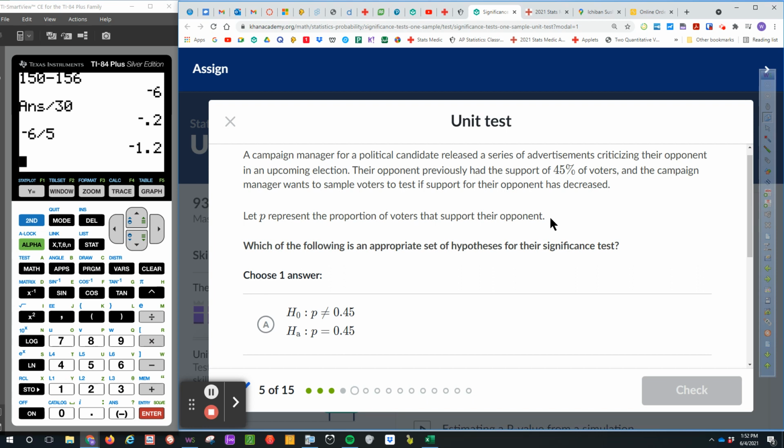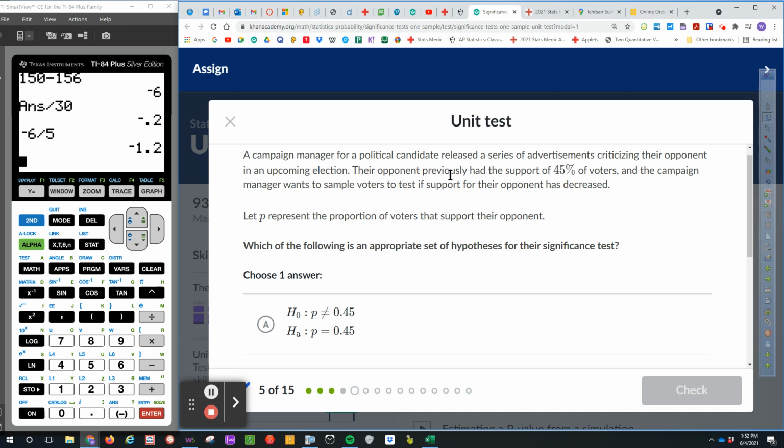Their opponent previously had the support of 45% of voters, and the campaign manager wants to sample voters to test if support for their opponent has decreased. So let P represent the proportion of voters that support their opponent. Which of the following is an appropriate set of hypotheses for the significance test?